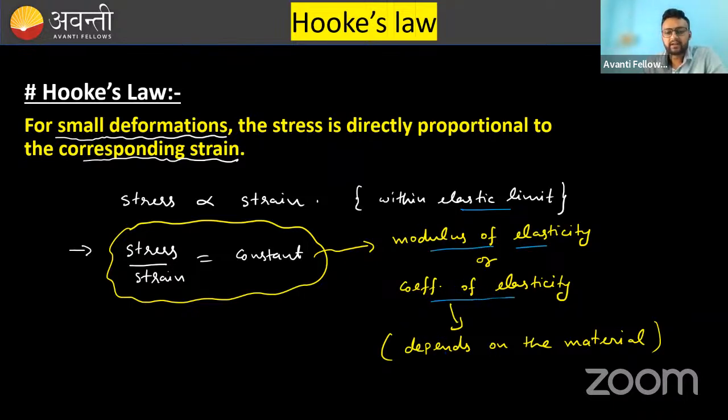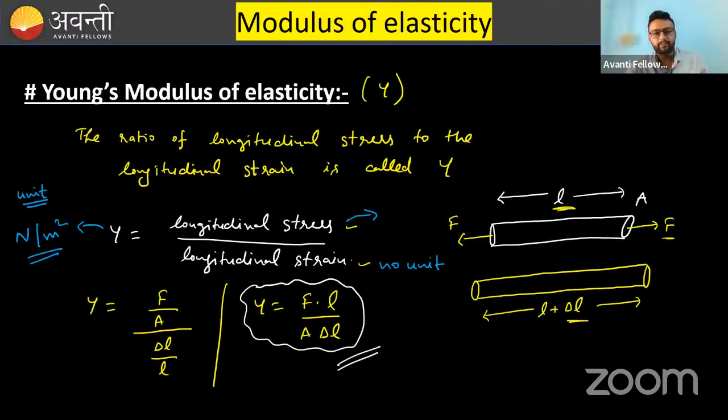And this constant depends on the material, not on the applied stress. Depending on the type of stress, this constant is named Young modulus, bulk modulus, and modulus of rigidity. I think everything is sorted now.